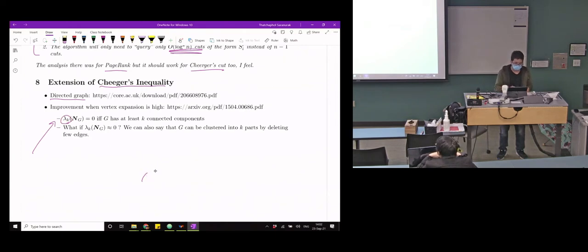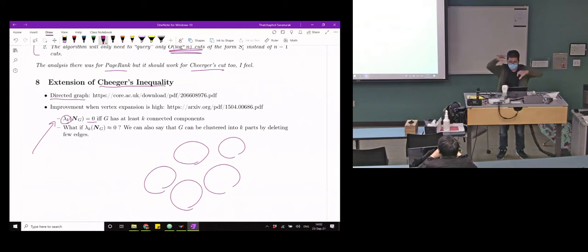Well, we can say something like this: if lambda k is really 0, then we saw that there must exist k different connected components.